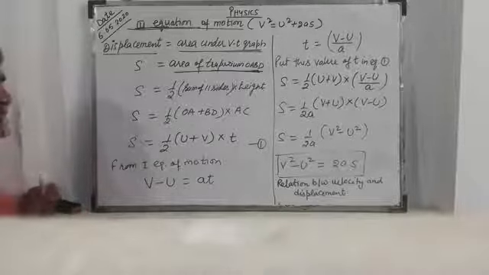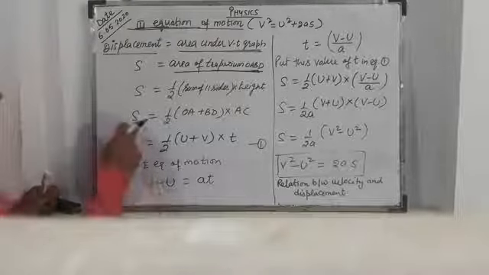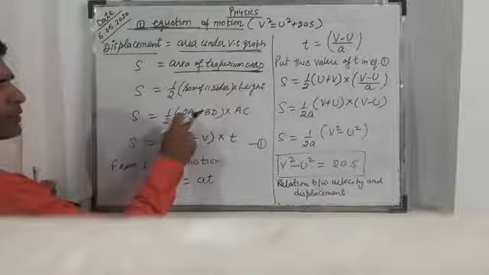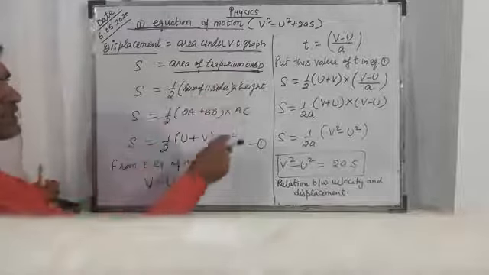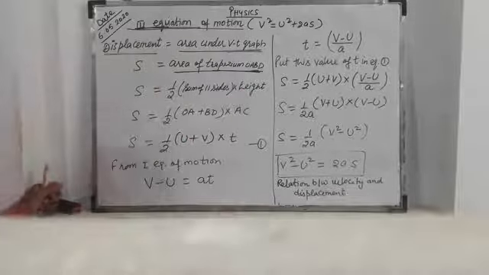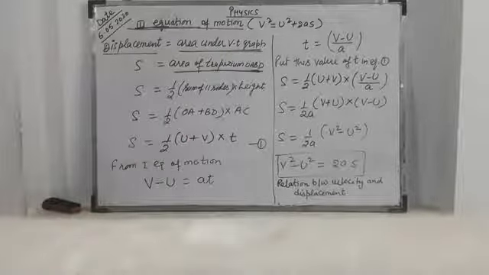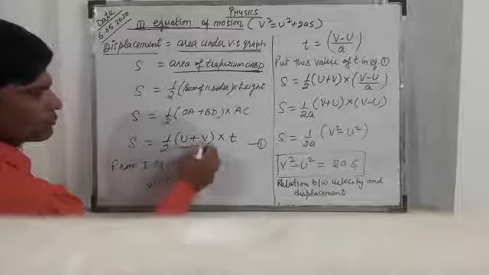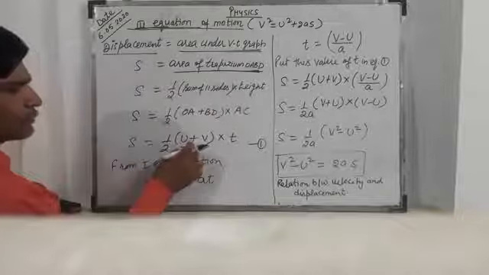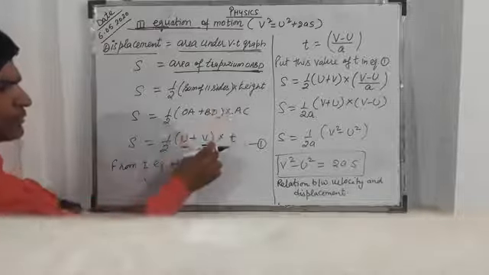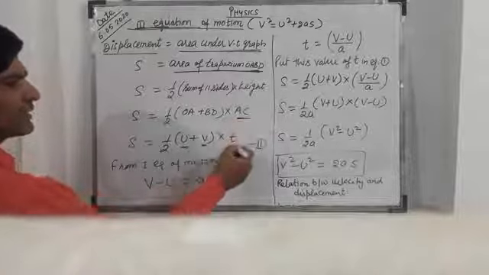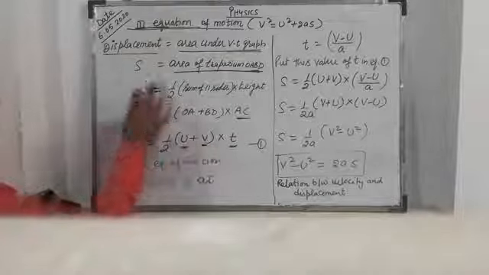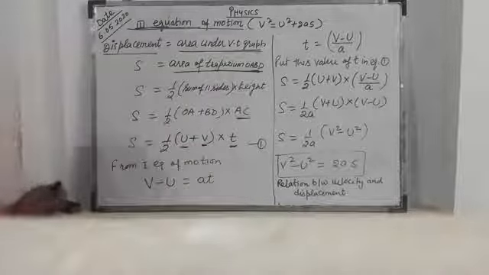Then from the graph, as in equation number 2, s is equal to half of OA plus BD. OA and BD are the parallel sides and height is AC. OA is equal to u and BD is equal to v. The value of AC is t. These steps are the same as in equation number 2.